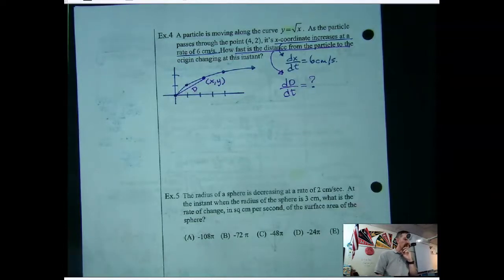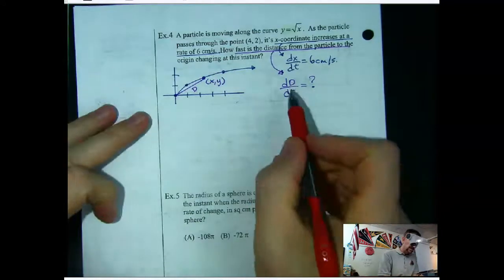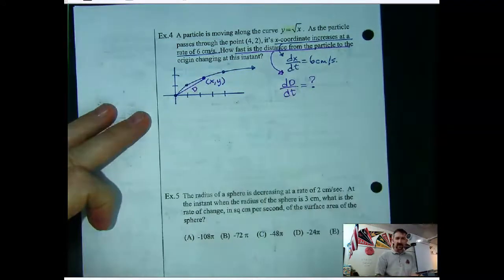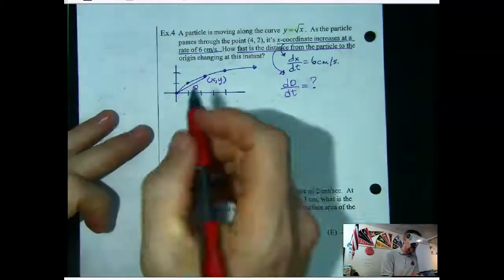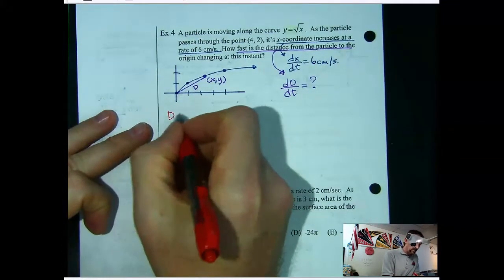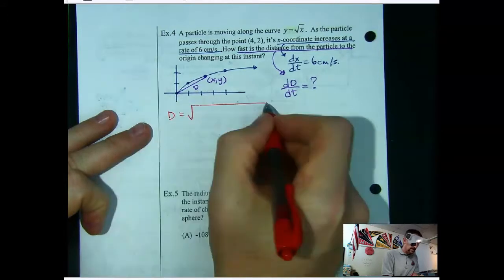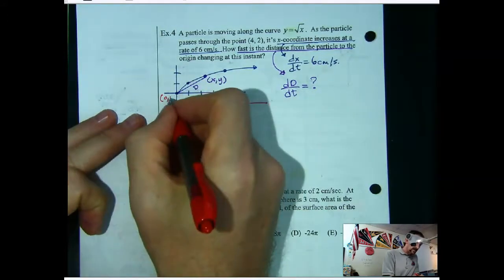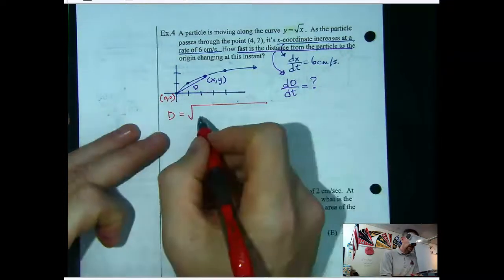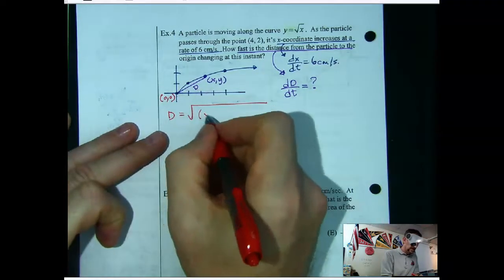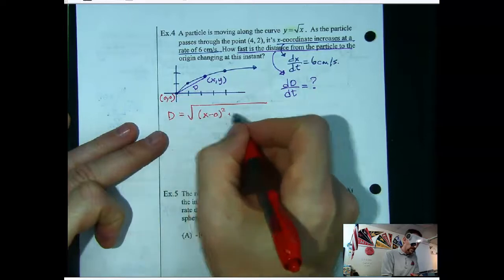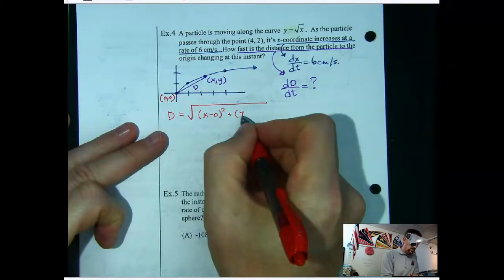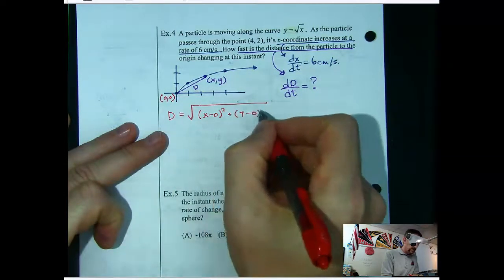So we need an equation that has the distance in it because we need to get dd dt. So the distance formula is the square root. We're talking about the distance from the origin here. So that's going to be x minus 0 squared plus y minus 0 squared.